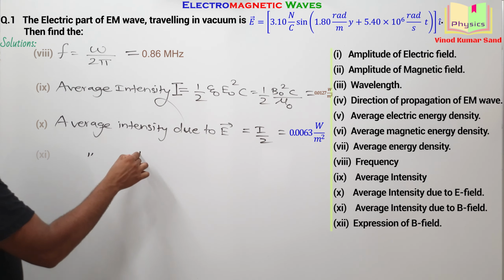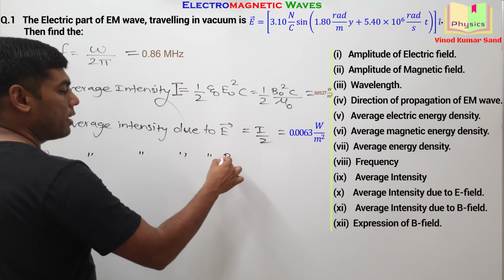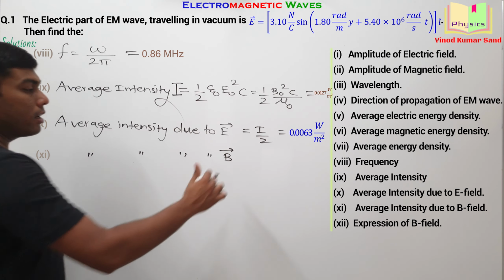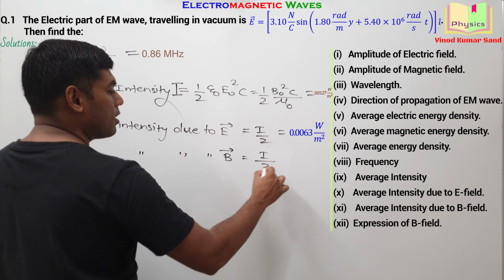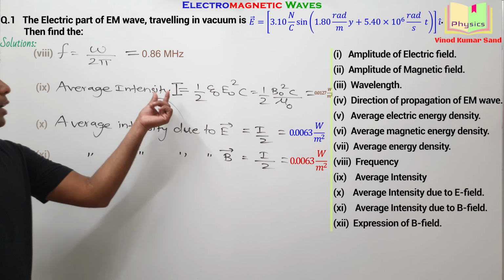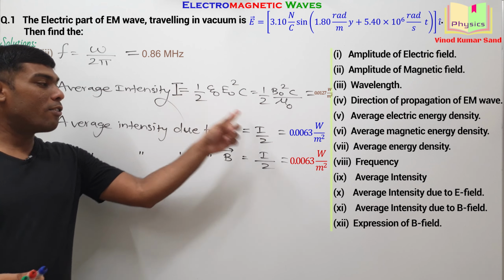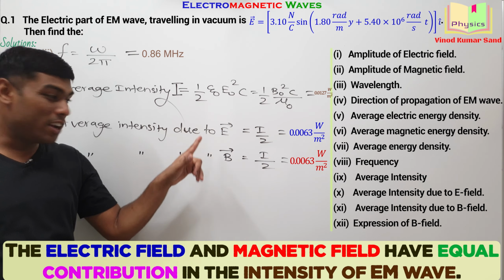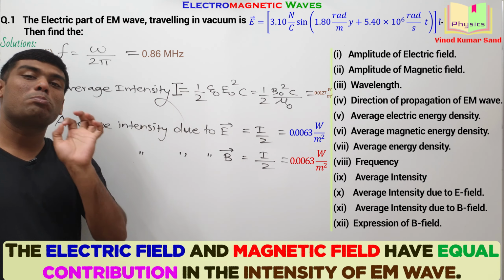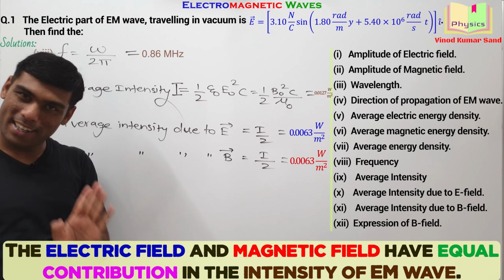The next part is asking for the average intensity due to the magnetic field. Due to the magnetic field, the contribution is also half. So actually in the average intensity of the EM wave, there is half contribution because of the electric field and half contribution because of the magnetic field.